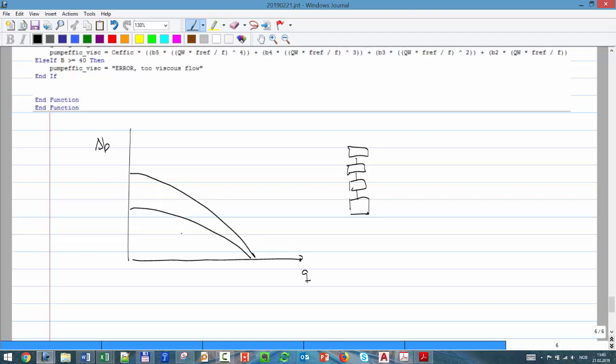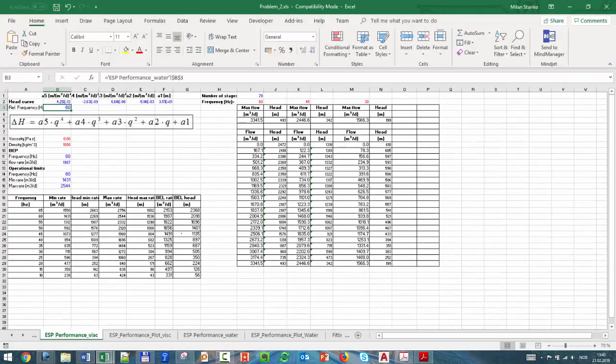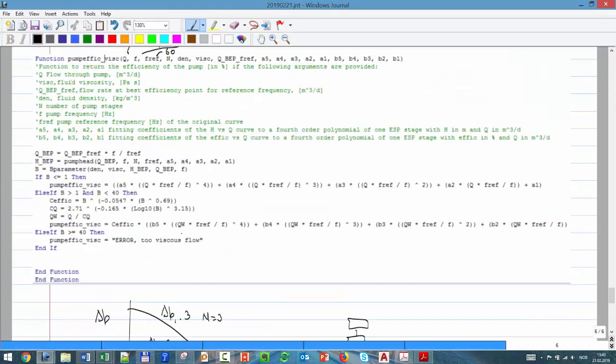So if I have 2, if I have 3, this will be the base, delta P of 1 times 2, delta P of 1 times 3, and so forth. That number is given here. I think we are using a pump with 78 stages. 78 small pumps, one on top of the other. So that's why it takes a few 100 meters. So that's 78.